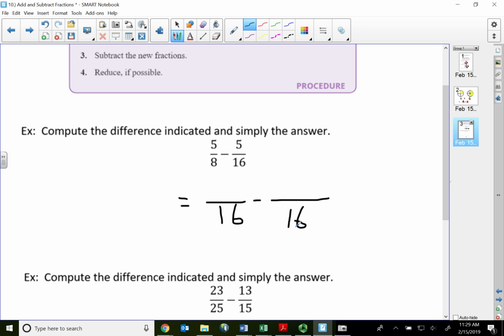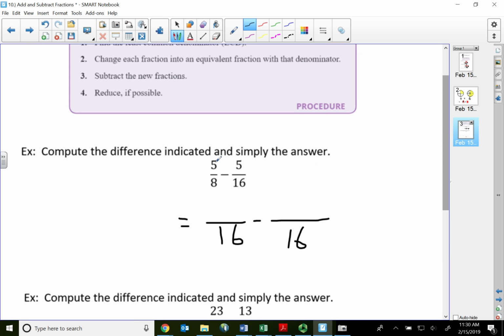That means my pizzas are cut into all the same equal slices between the two boxes. 8 going to 16 has to increase 2 times, so my numerator has to increase 2 times. So if I ate 5 slices out of 8, that's equivalent to me eating 10 slices out of 16 if we cut them into 16 slices.